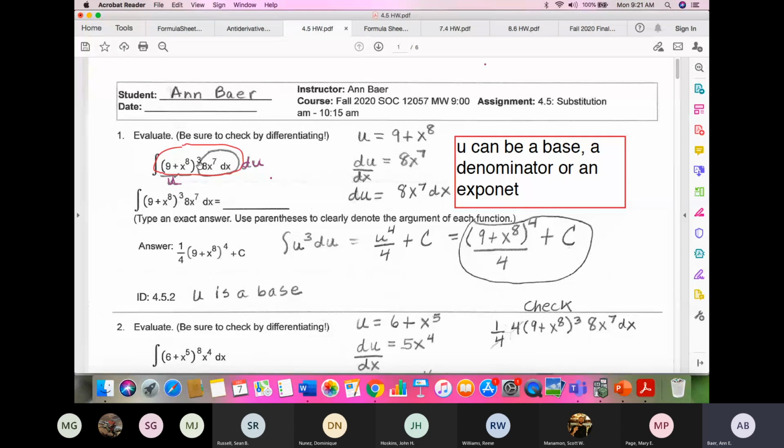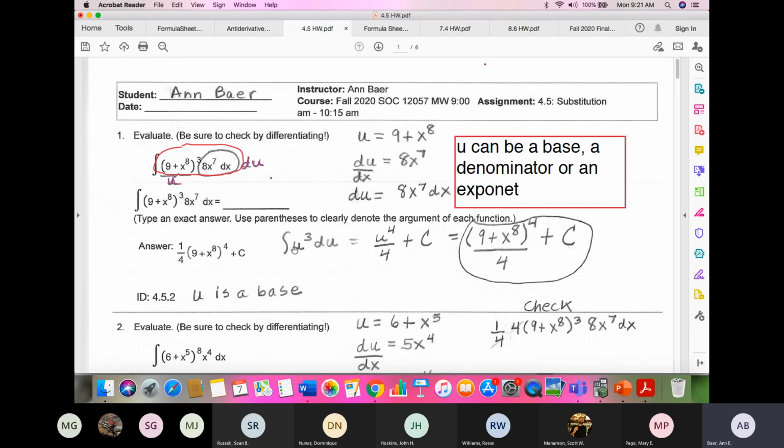And then we have this exponent of 3 here. We want to put that there. And then the rest of this is 8x to the 7th dx, which we have determined we can let be equal to du. That's where that du comes from.